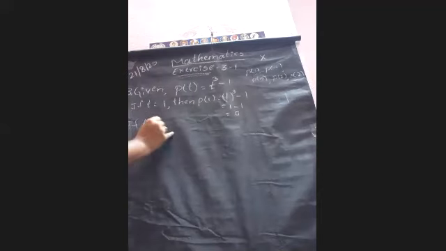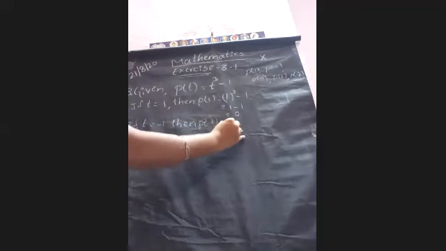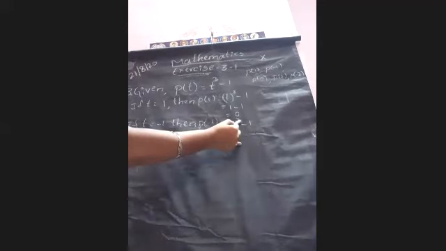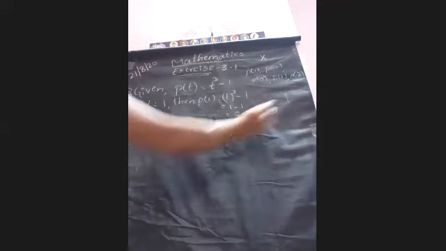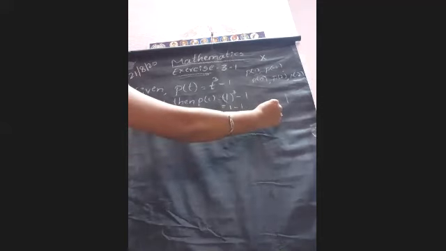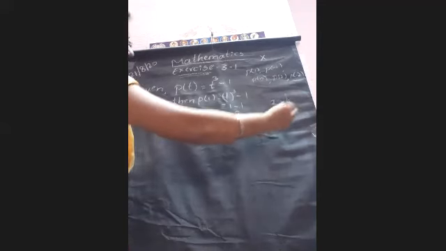Next, if t equals minus 1, then P of minus 1 equals minus 1 whole cube minus 1. See, here in the power, 3 is there with the sign minus 1. So the power is an odd number, and our sign will be minus 1. If the power is an even number, we will get plus values.